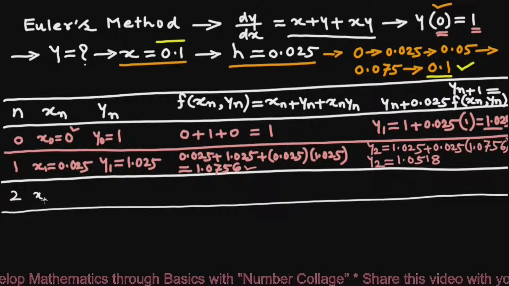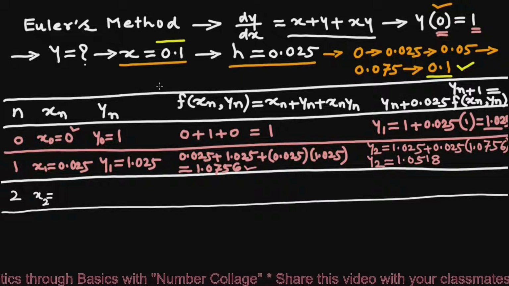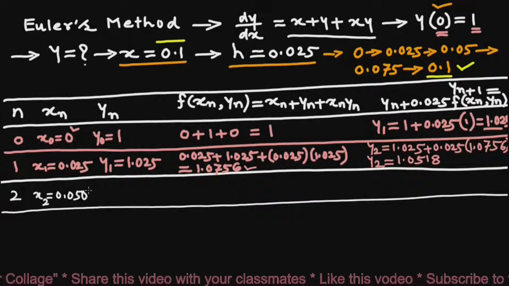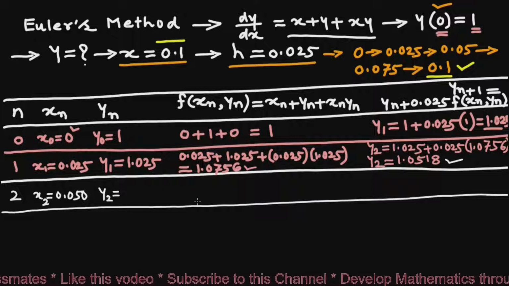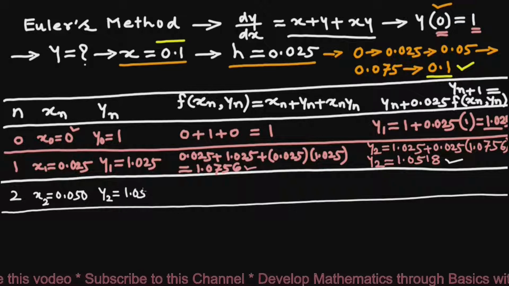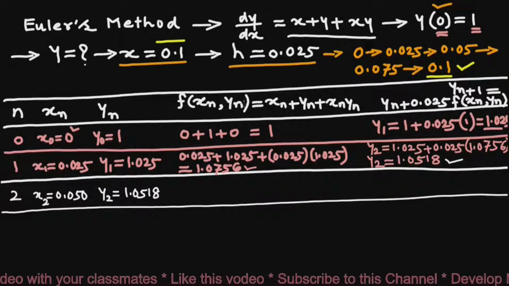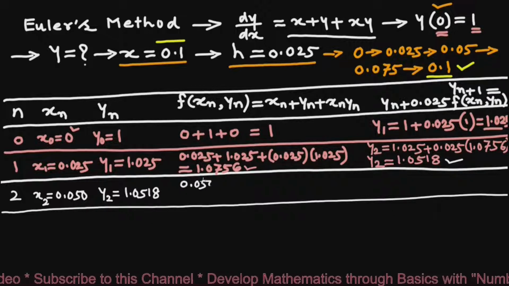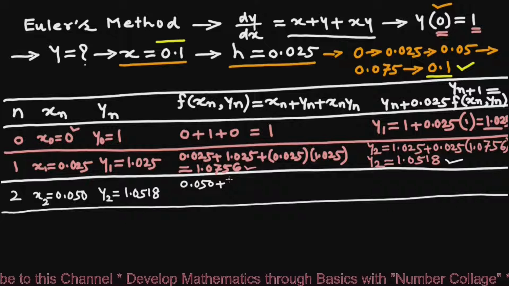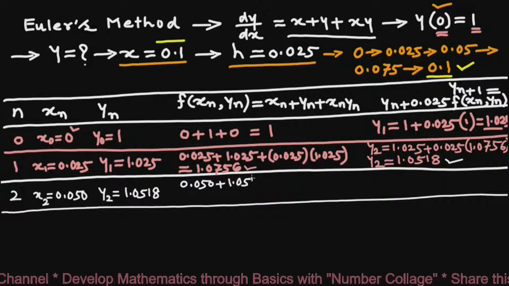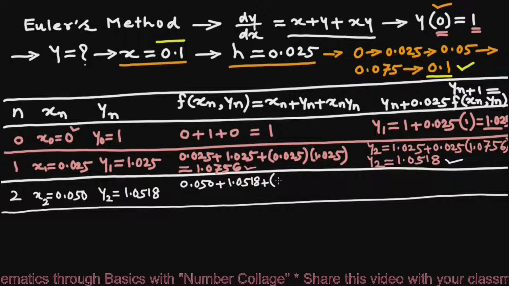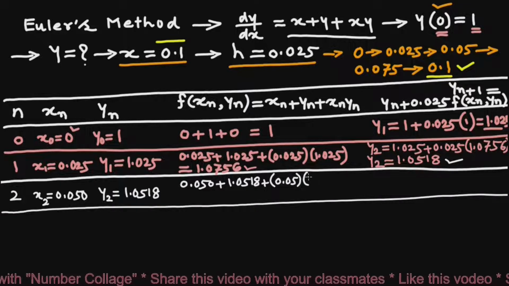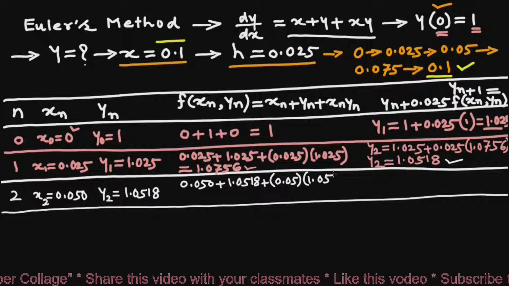In the next row we write n equals 2. x2 will be 0.025 plus 0.025, that will be 0.050. y2 will be this 1.0518. f of x2 y2 will be x2, which is 0.050, plus y2, which is 1.0518, plus x2 0.05 multiplied by y2 1.0518.